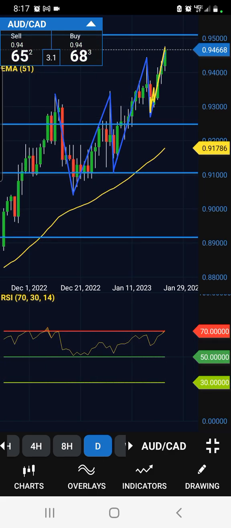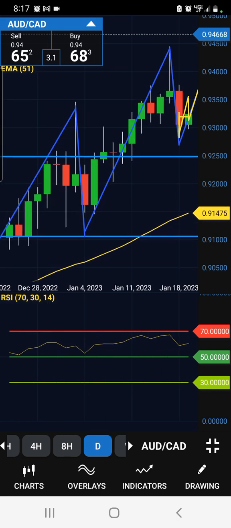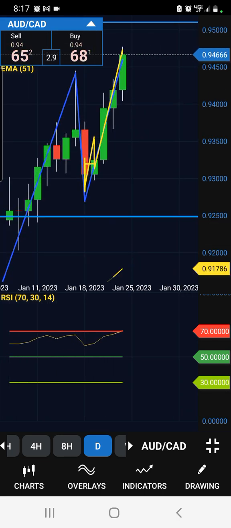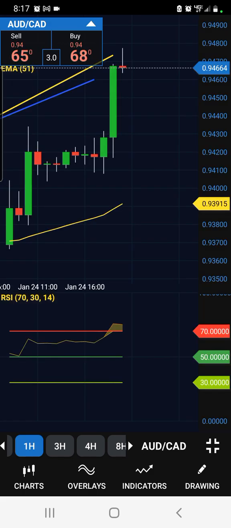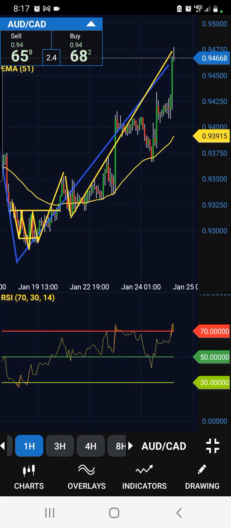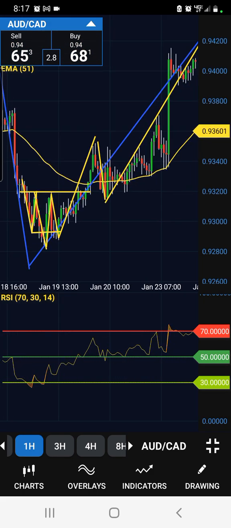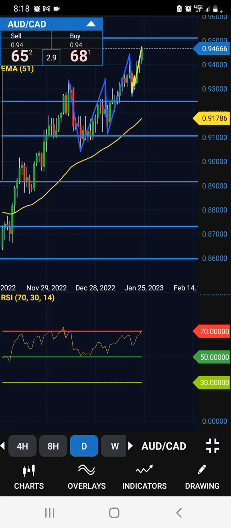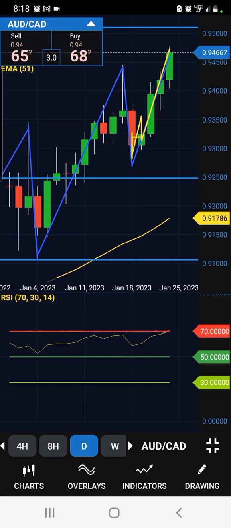All right, y'all still see that yellow line on there? Y'all can still somewhat see what I was showing y'all on the hourly time frame, which is this on the daily time frame.